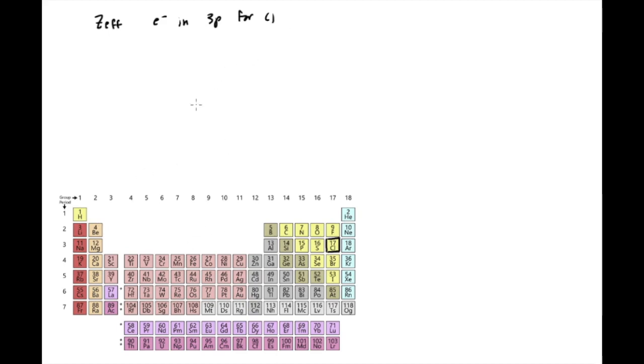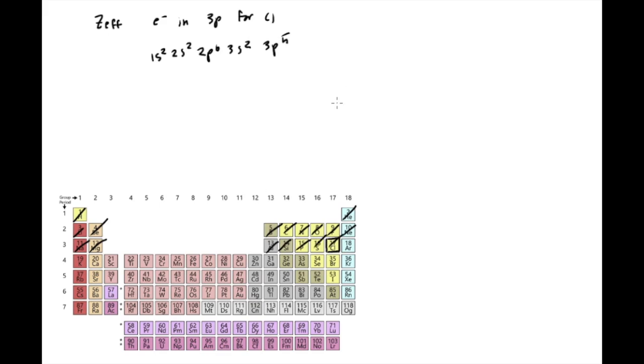First, we know that we can fill electrons in the first energy level, so this would be 1s2, and then from there we can fill up the electrons in the 2s orbital, and then the 2p6, and the 3s2, and finally for the p we have 5 electrons to get to chlorine.